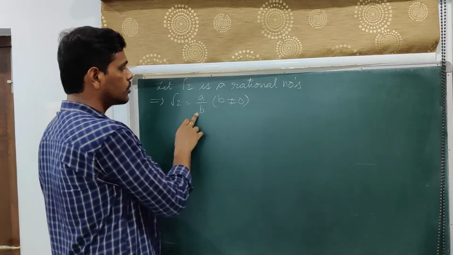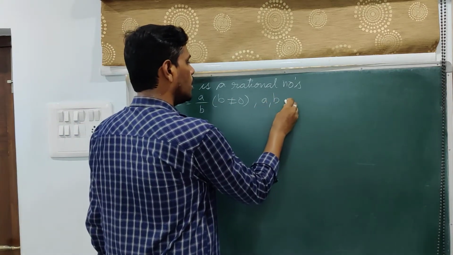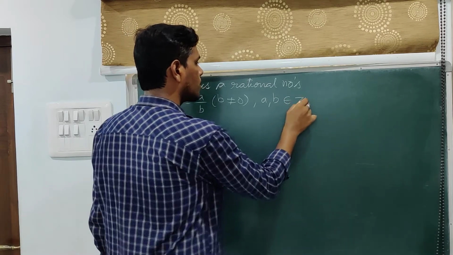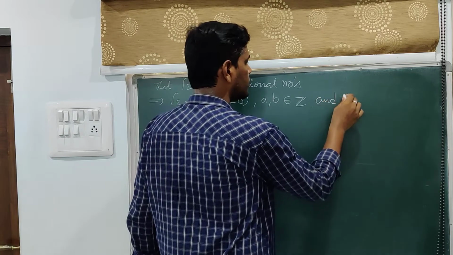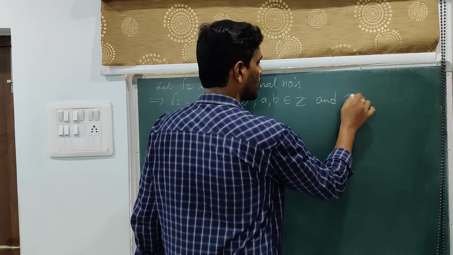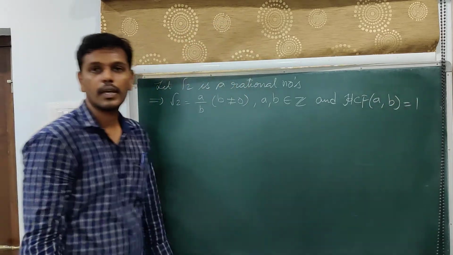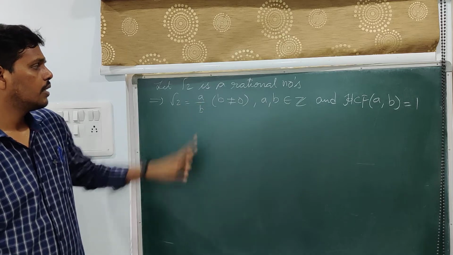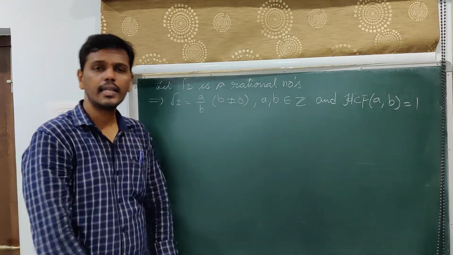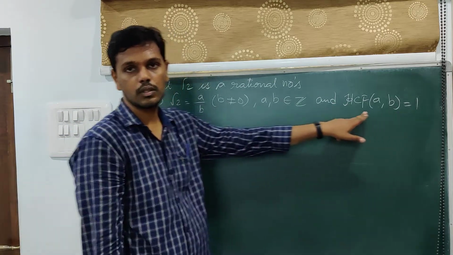So root 2 is equal to a by b, b not equal to 0, a and b are integers and HCF of a and b is 1. That is, a and b will not be divided by any other number except 1. So that is the point of focus here. Okay.